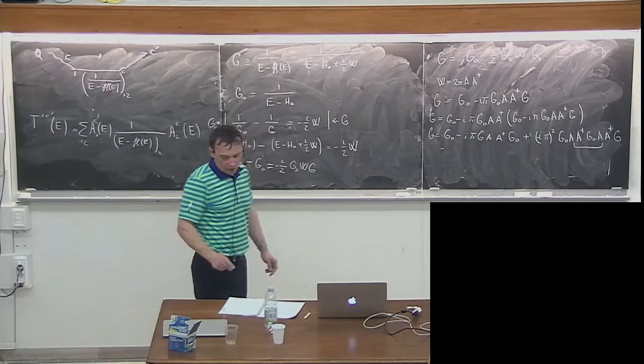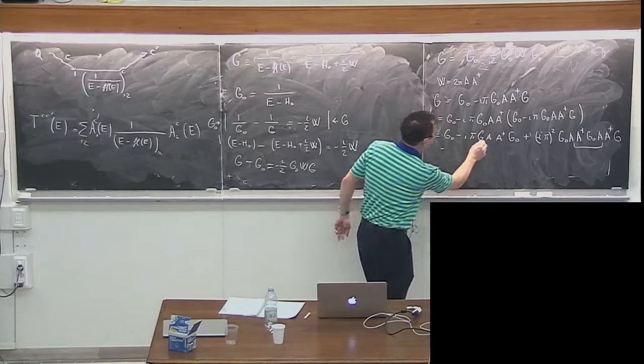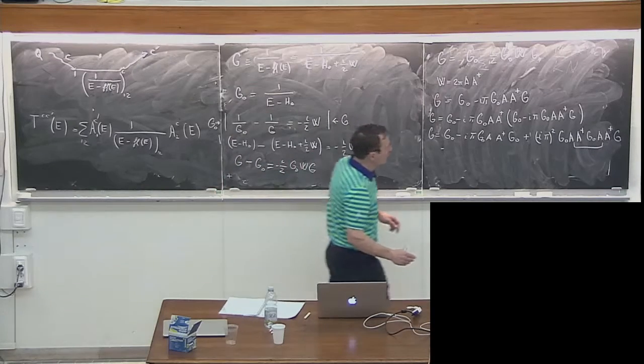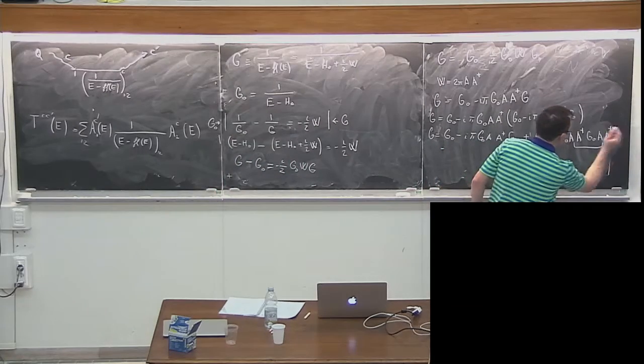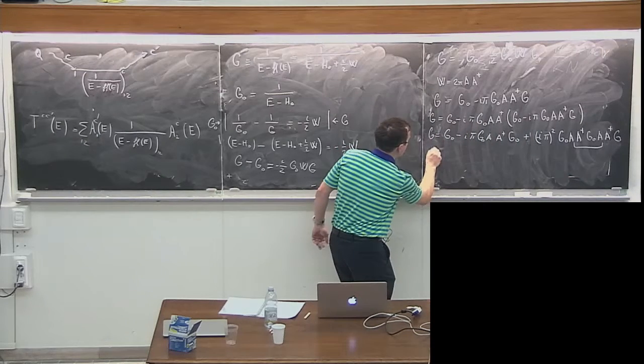Okay, so therefore I can separate this: I pi, it has to be G naught here, I pi G naught on this side, and then A dagger G naught at the end. And I will get a series. So let me write the final answer.